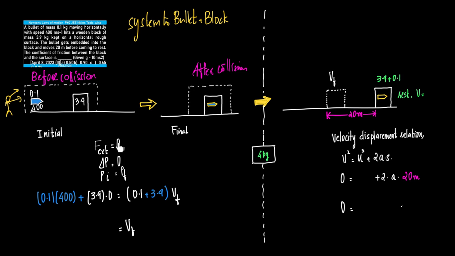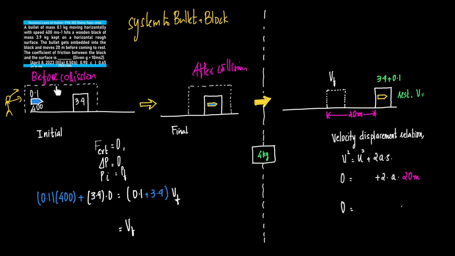And if net external force acting on it is 0, then we know by force impulse momentum theorem that the change in momentum will be equal to 0, or in other words we can say that the initial momentum will be equal to the final momentum. The initial momentum refers to before collision and final momentum refers to after collision.